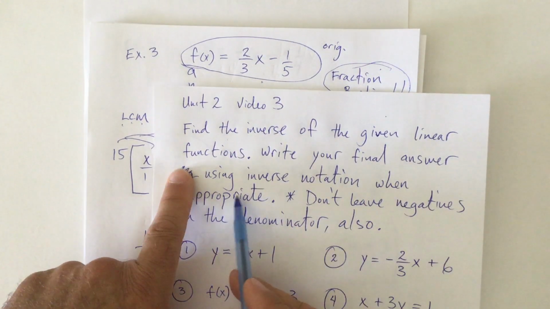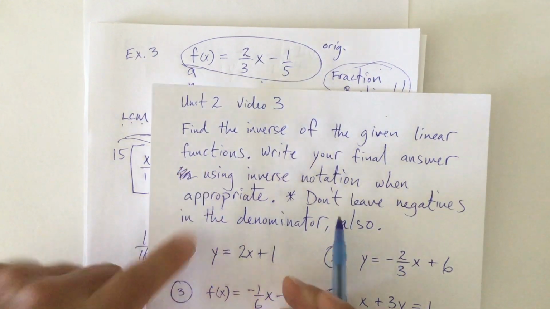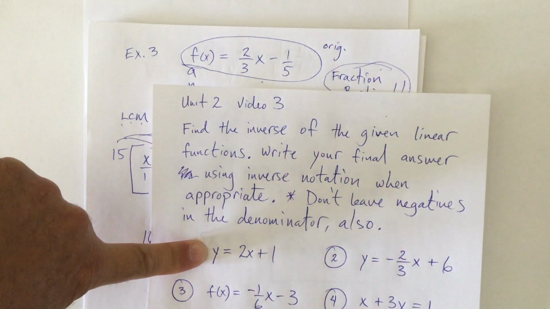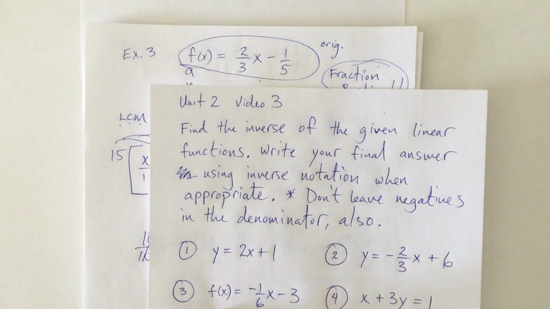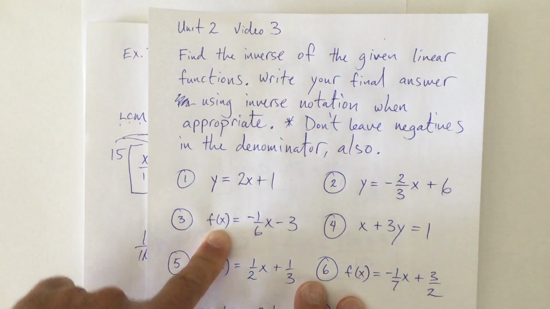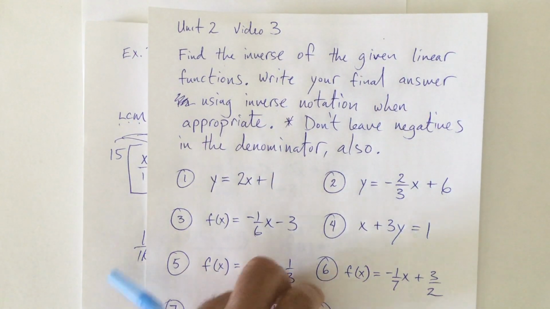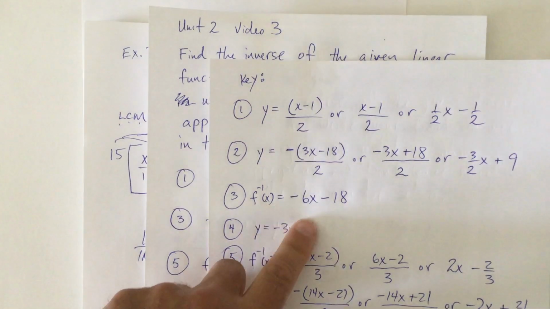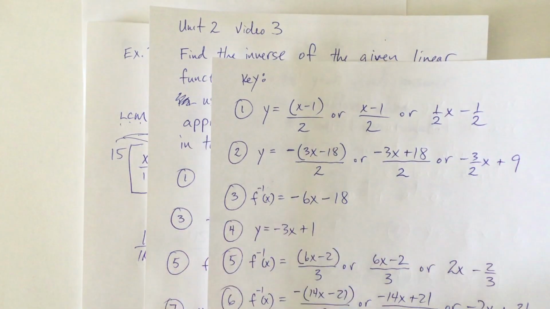Write your final answer using inverse notation when appropriate. It's not appropriate here. We don't do it. It's not appropriate here because it's written in y equals form. But you better believe it'd be appropriate here. My answer for number 3 better say f inverse equals and then whatever it is. And guess what? My answer for number 3 on the answer key says f inverse equals right there.